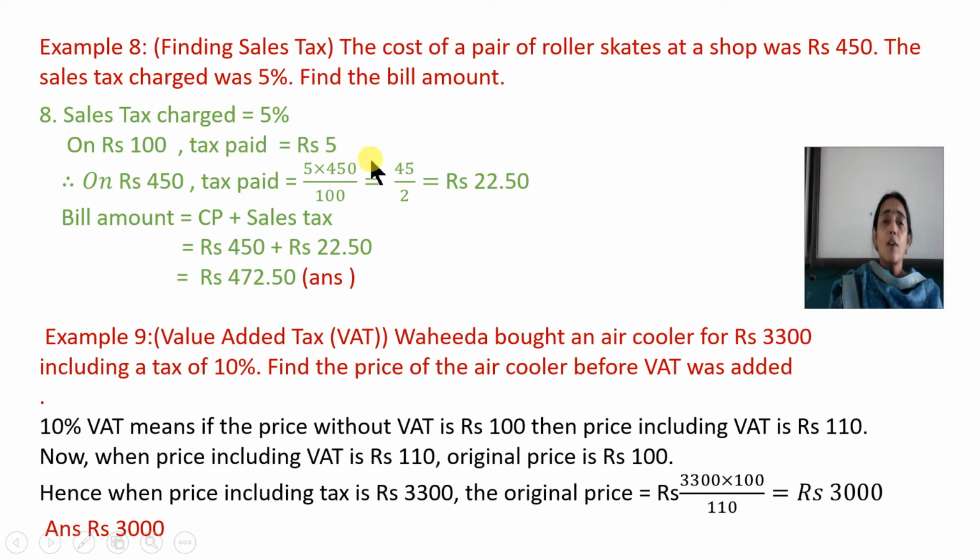You can also write this as 5% of rupees 450, that is 5 upon 100 into 450. Either way, the answer will come the same.